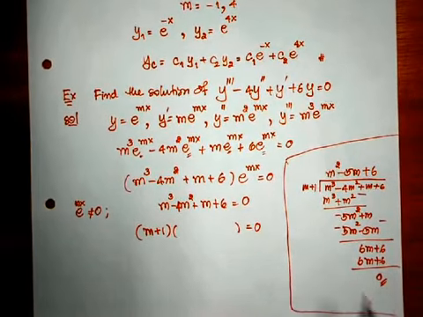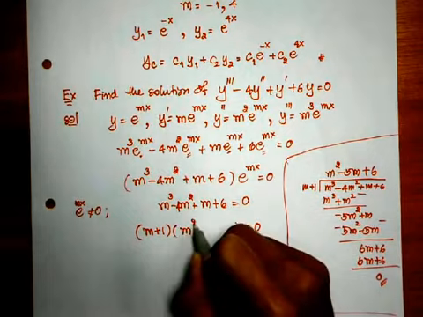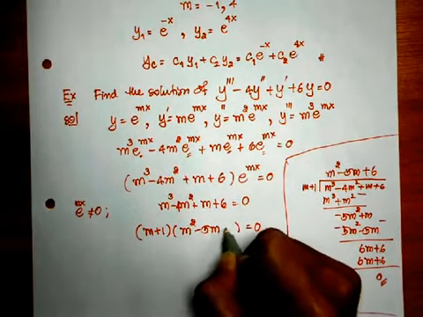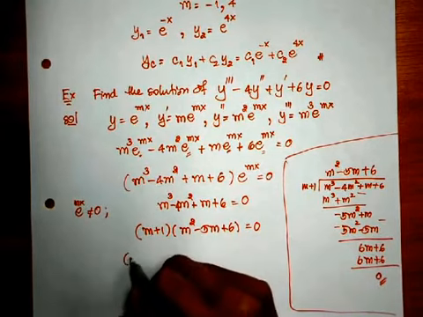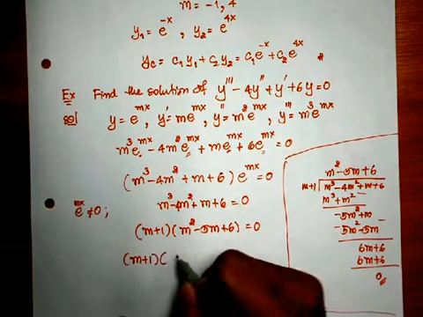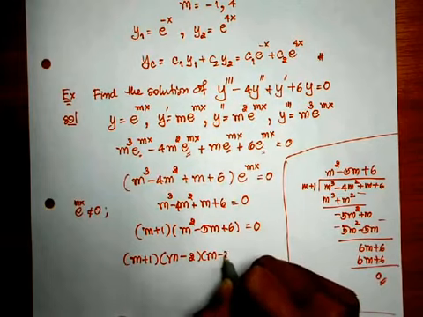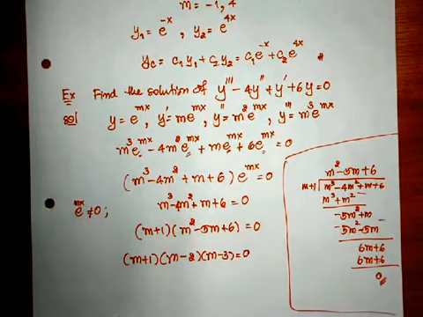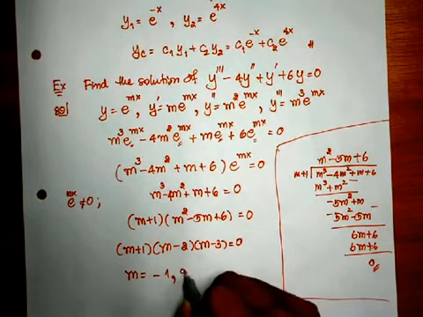So the term inside the parentheses is m squared minus 5m plus 6. So we get the three values of m, which are minus 1, 2, and 3.